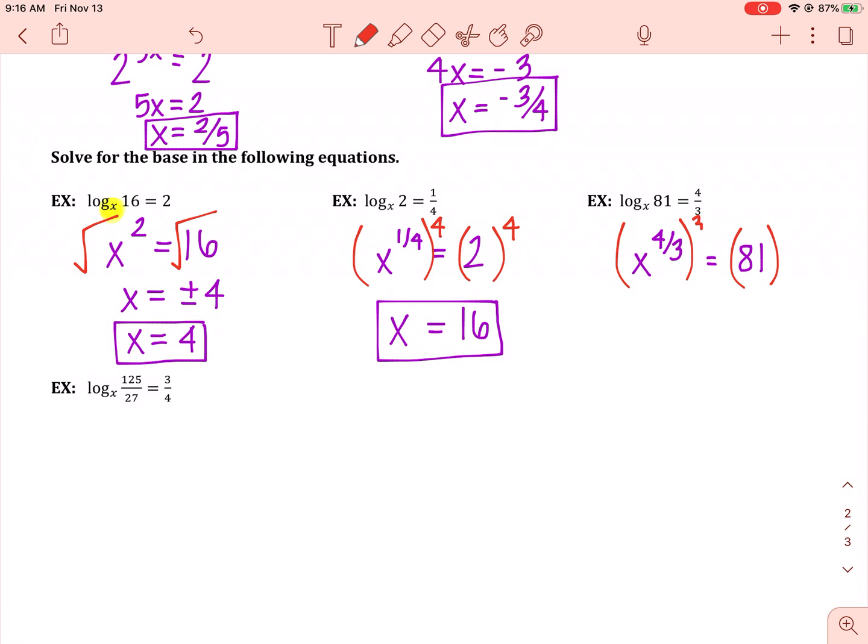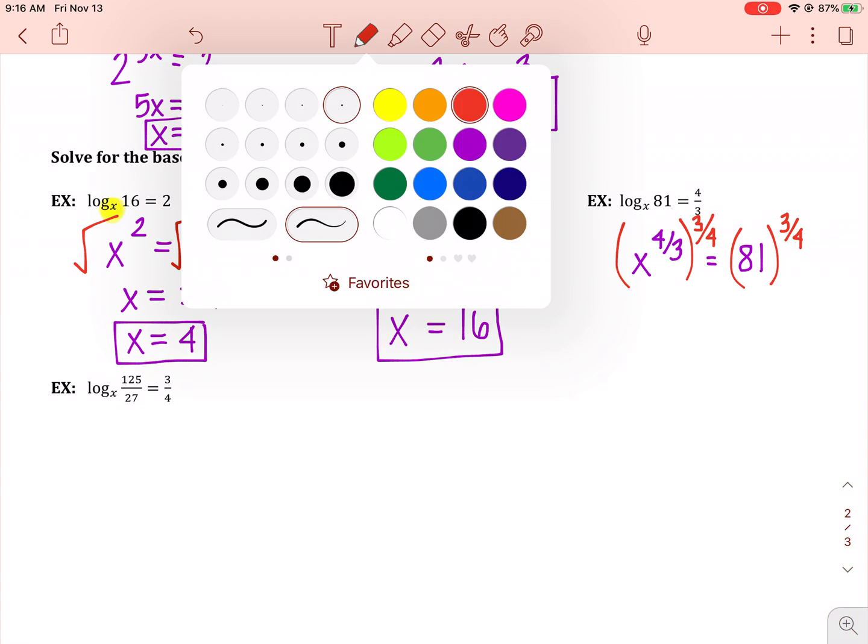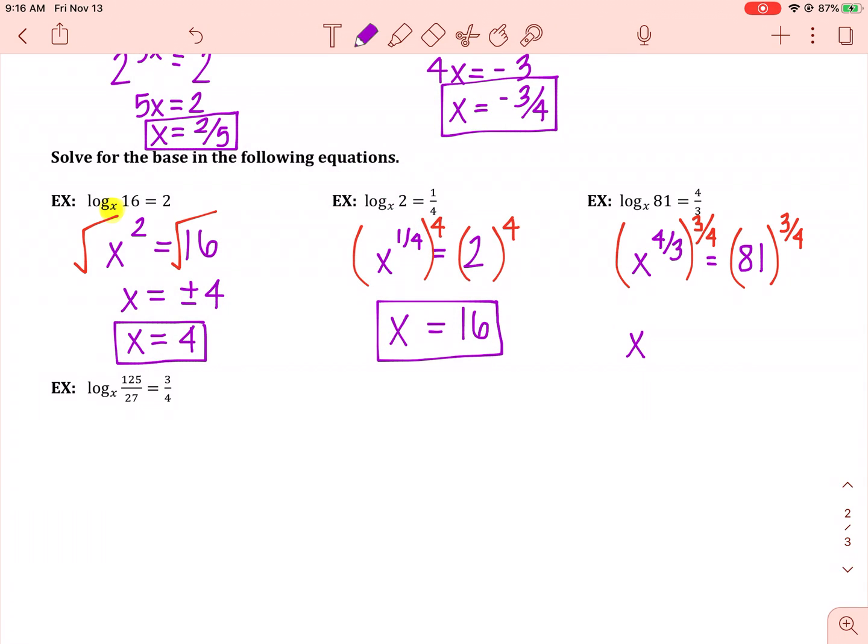Well, I need to put a 3 in the numerator, 4 in the denominator. So when I multiply, I'll get x to the 4/3 times 3/4 equals my right side. Here I'm just showing it out. Cancel, cancel, cancel, cancel. I'm left with what I want.